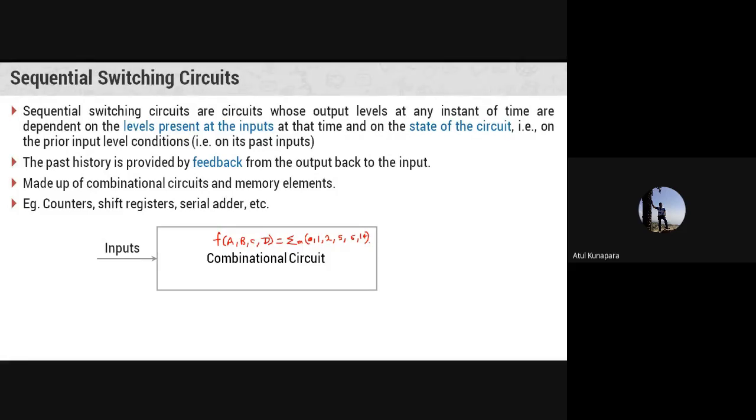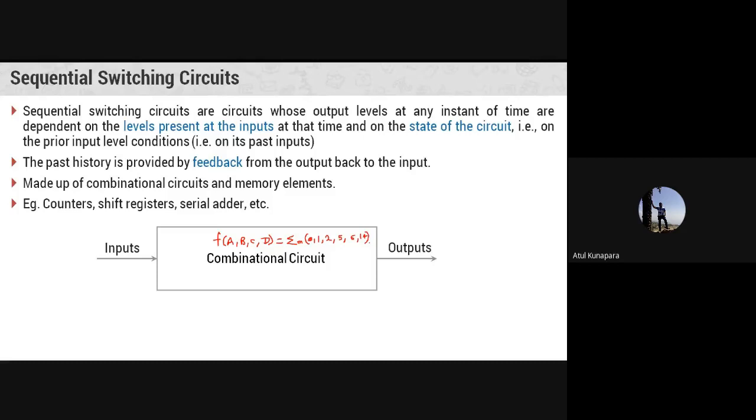So this circuit is implemented with the help of that number of logic gates as per the function given here. It will check the inputs, and according to the logic function you have implemented in your combinational circuit, you will get the output, right? So this is what the combinational circuit is, and that we already discussed.